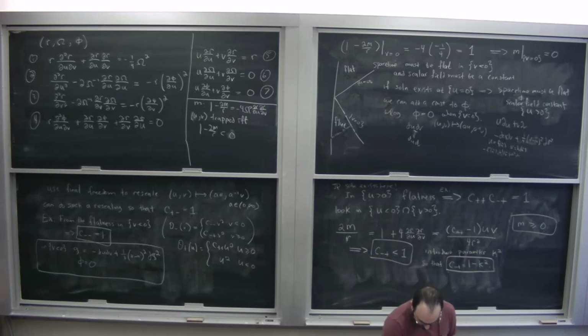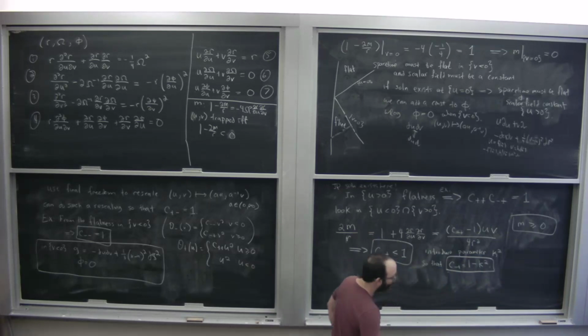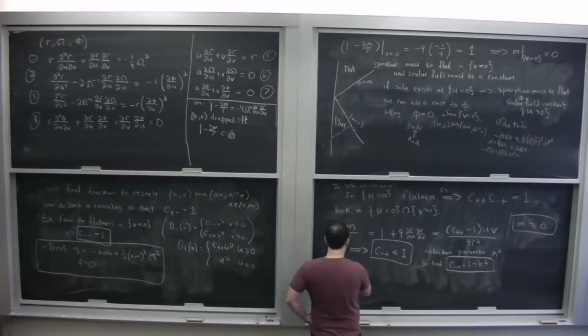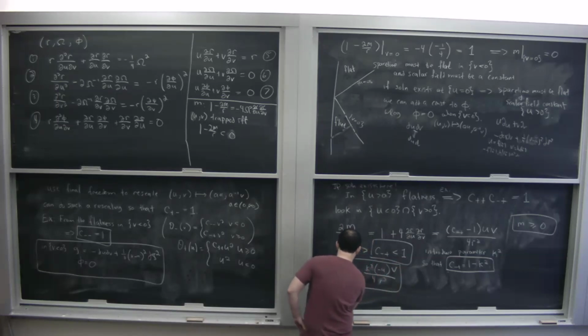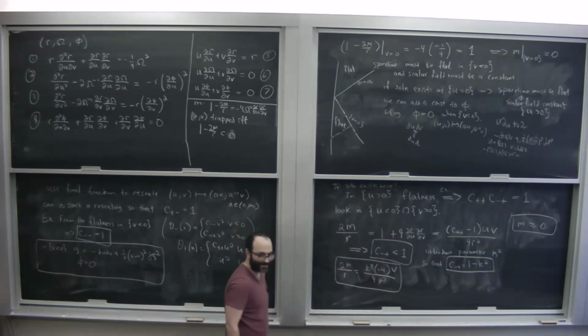Okay, so that's nice. All right, and so the upshot is that we can write now that 2m over r therefore equals k squared times minus u v over 4 r squared, in this region where something non-trivial is happening.